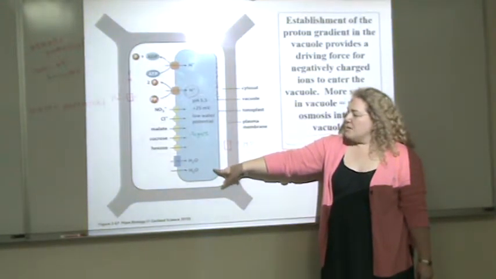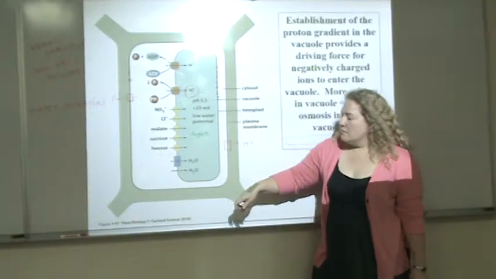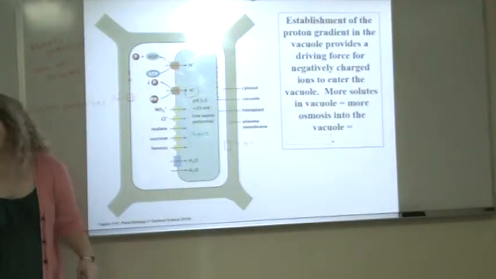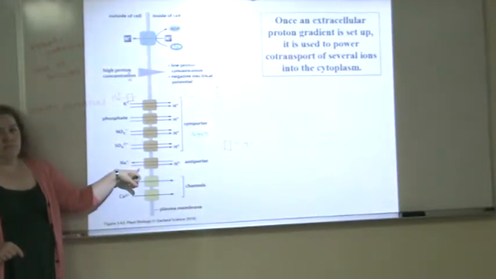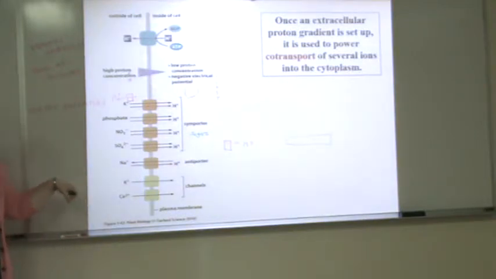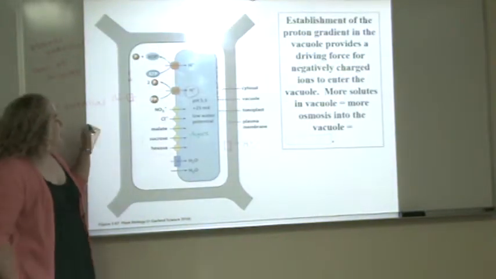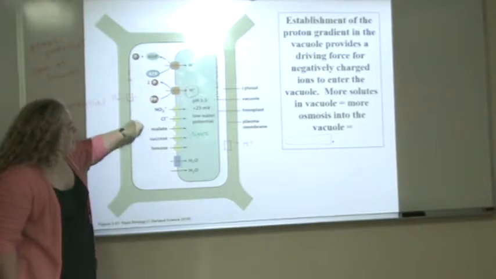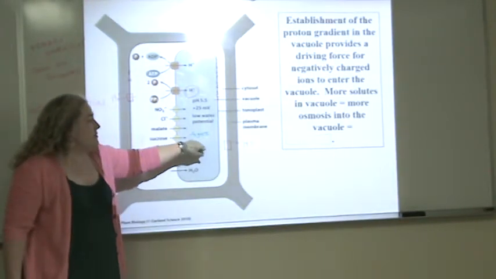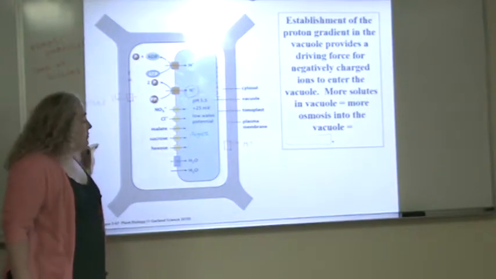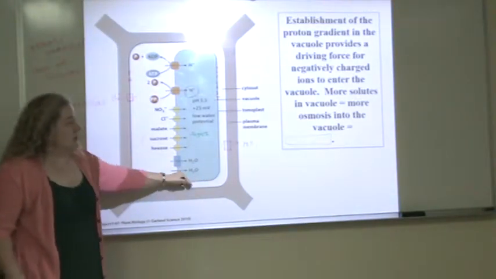The vacuole does not have the channels. This is important. The vacuole doesn't have these. So the plant cell is accumulating those solutes in the cytoplasm, and it's also pushing these particular solutes into the vacuole. So overall, the force of water is still coming inward.